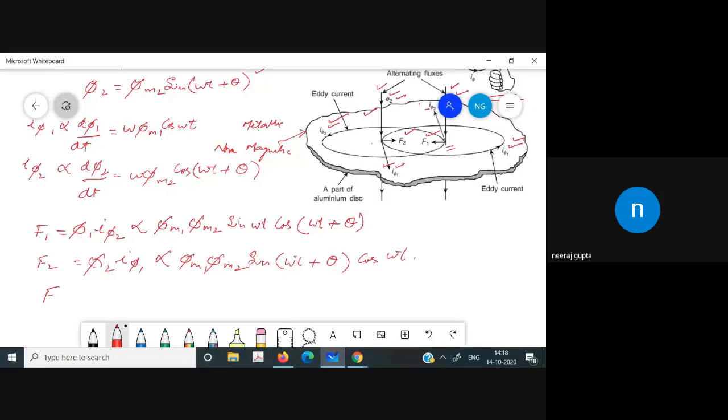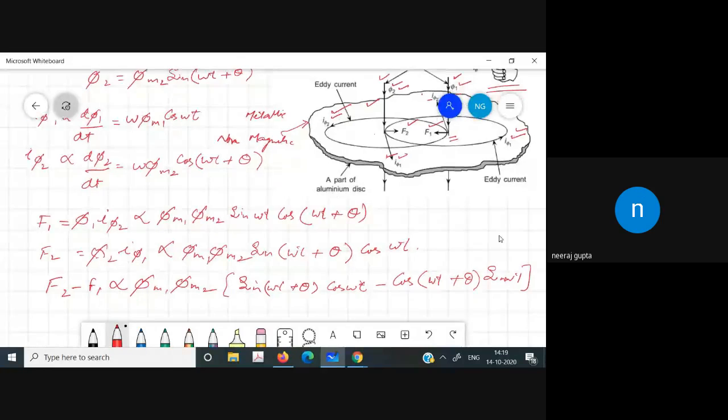So the net force is F2 minus F1, which is proportional to phi m1 phi m2 times sine of omega t plus theta cos of omega t minus cos of omega t plus theta sine of omega t.